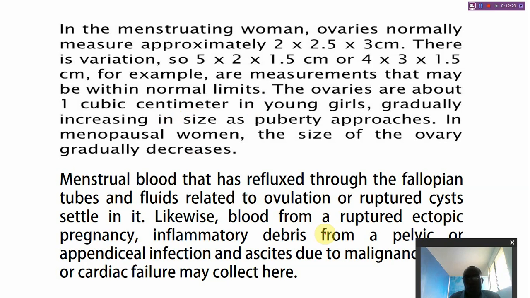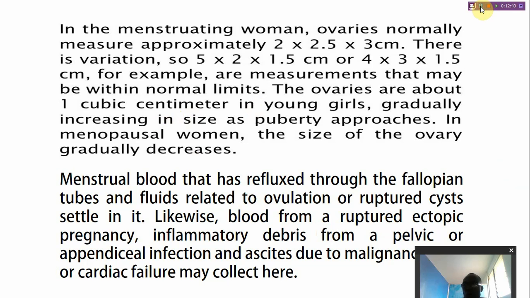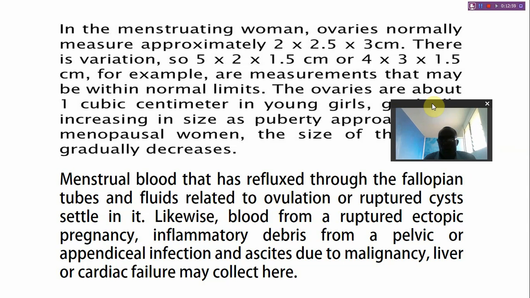So menstrual blood has reflux through the fallopian tubes, and fluids related to ovulation or ruptured cysts settle in the pouch of Douglas.